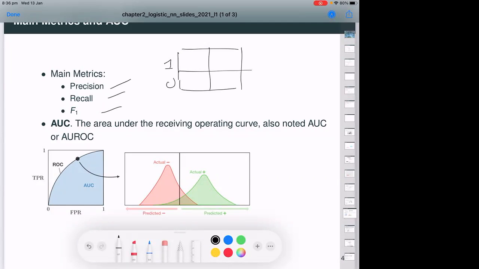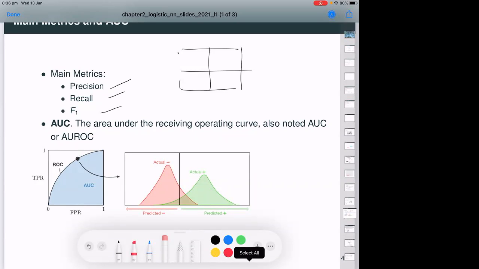I didn't put the formulas here on purpose so that you write them yourself, to know how to compute precision, recall and F1 based on the confusion matrix. So put a small note and you know how to compute this.